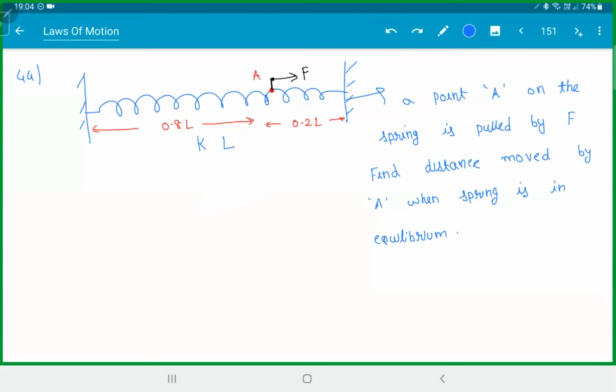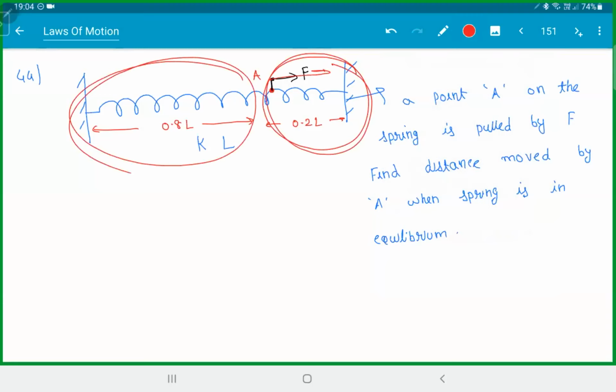It's a good one. And just to give you a little brief, when you pull this way, can you observe this part is compressed? This part is elongated. Did you observe? The whole spring was not elongated. The right part is getting compressed, the left part is getting elongated.